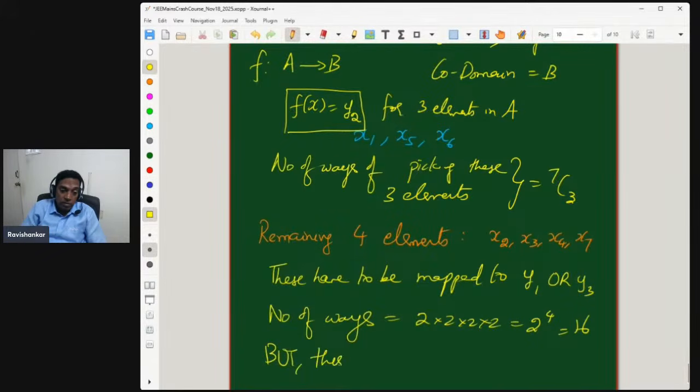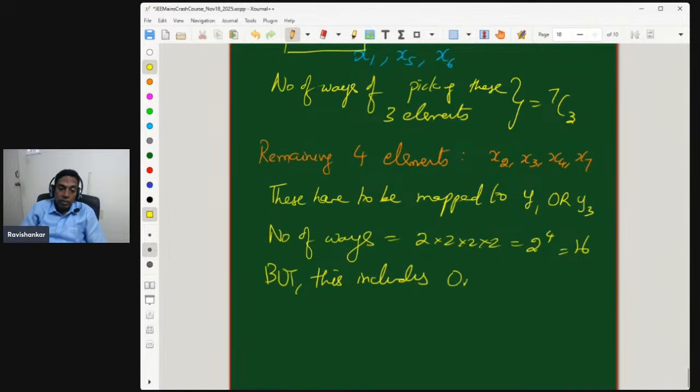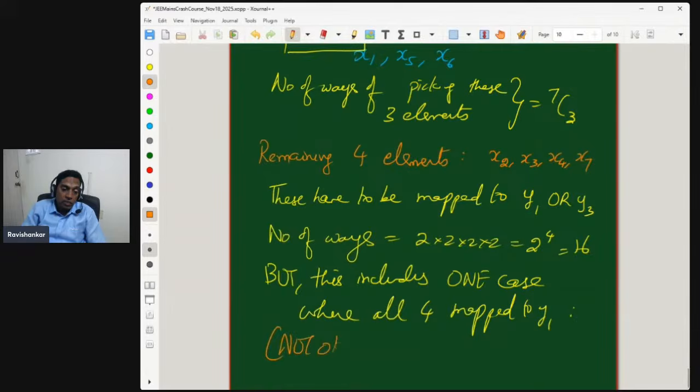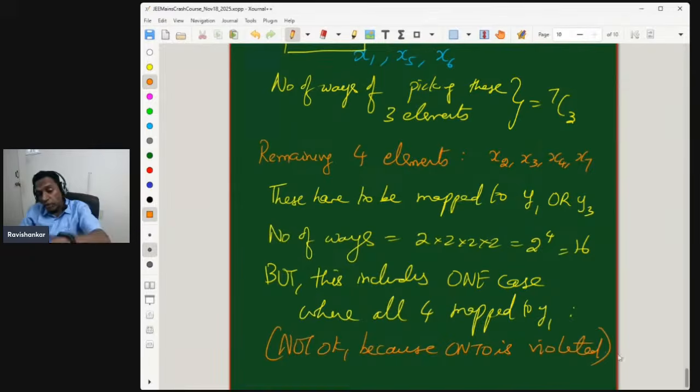But this includes one case where all 4 are mapped to y1, and this is not okay. Why is this not okay? Because onto is violated. If you do everything to y1 and then y2 3 elements are there, y3 is not mapped at all.